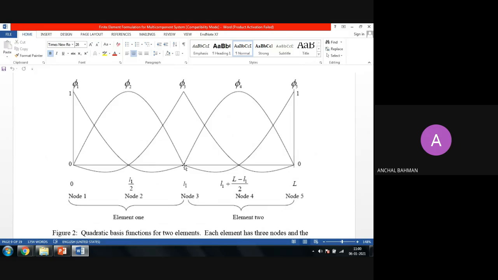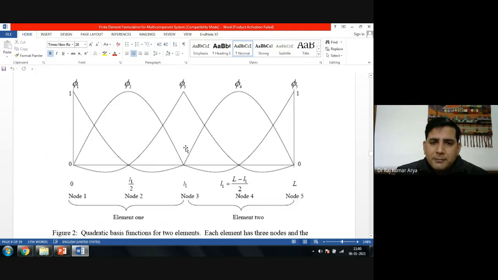Now we come to node number 3. We want a basis function such that it has value 1 there. That is phi 3. It has value 1 there, and at node 2 and node 1 it has the value 0.